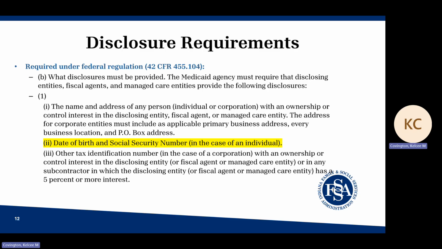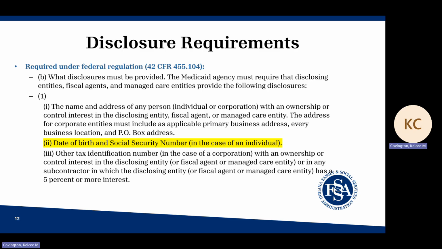The address for corporate entities must include an applicable primary address, business address, every business location, and PO box address. Date of birth and social security number in the case of an individual, and other tax identification numbers in the case of a corporation with an ownership or control interest in the disclosing entity or fiscal agent or managed care entity, or in any subcontractor in which the disclosing entity or fiscal agent or managed care entity has a 5% or more interest.